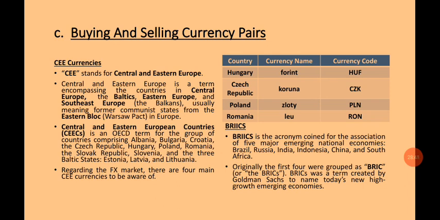Central and Eastern European countries, CEECs, is an OECD term for the group of countries comprising Albania, Bulgaria, Croatia, the Czech Republic, Hungary, Poland, Romania, the Slovak Republic, Slovenia, and the trio of Baltic states, Estonia, Latvia, and Lithuania.